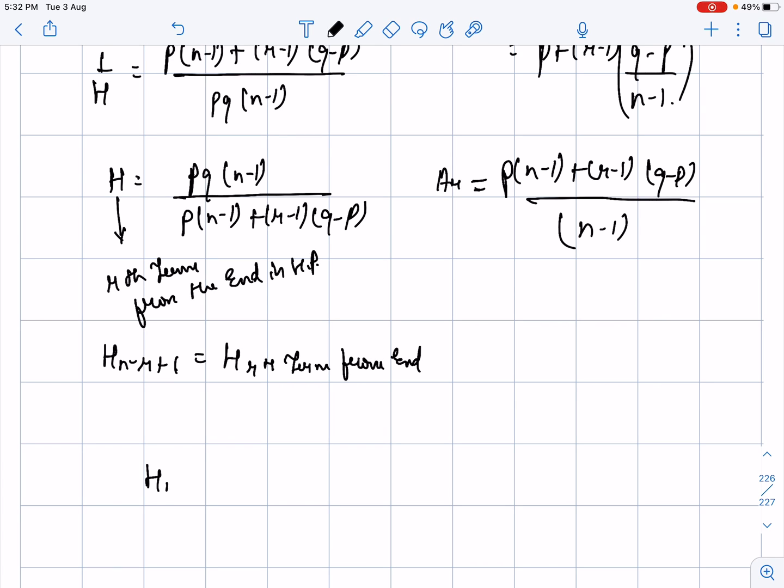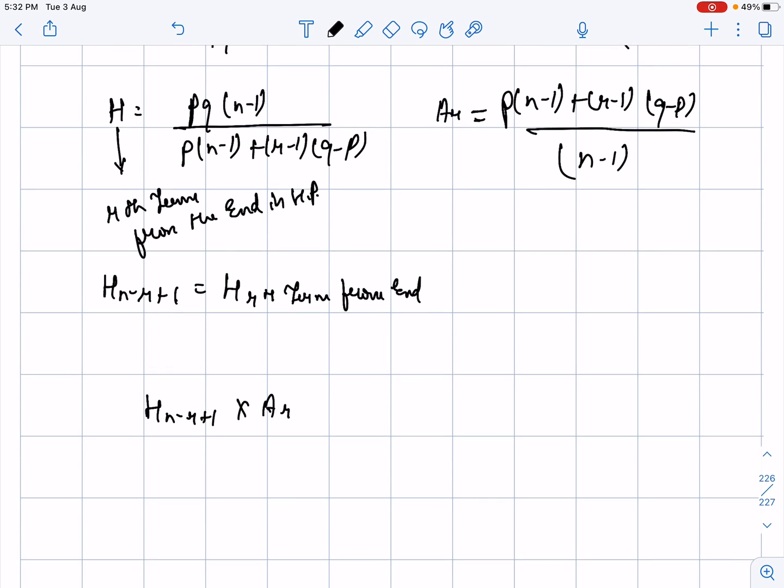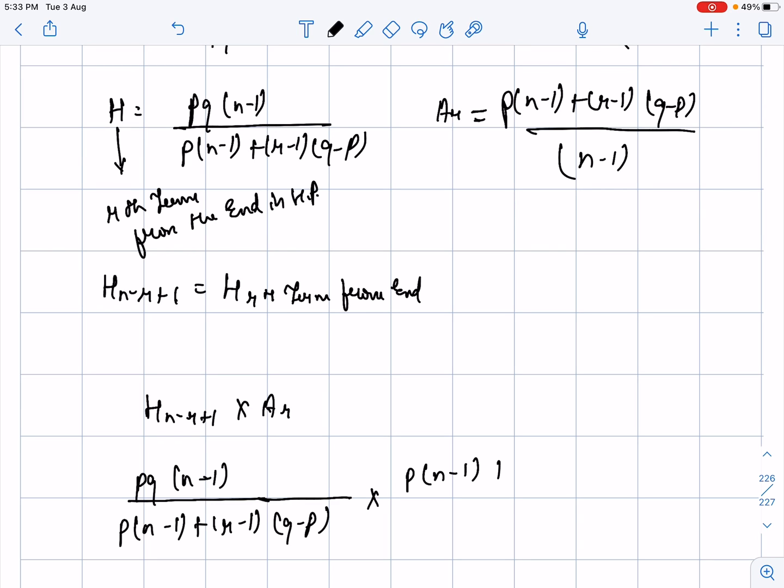That means Hn minus r plus 1 multiplied by Ar, if we compute it, becomes pq multiplied by n minus 1 divided by p multiplied by n minus 1 plus r minus 1 multiplied by q minus p, whole multiplied by p multiplied by n minus 1 plus r minus 1 multiplied by q minus p divided by n minus 1.